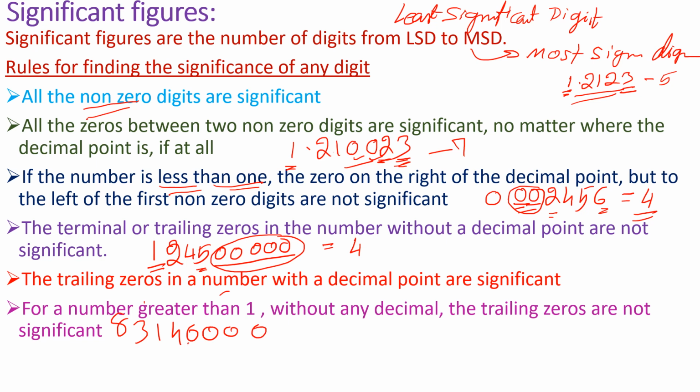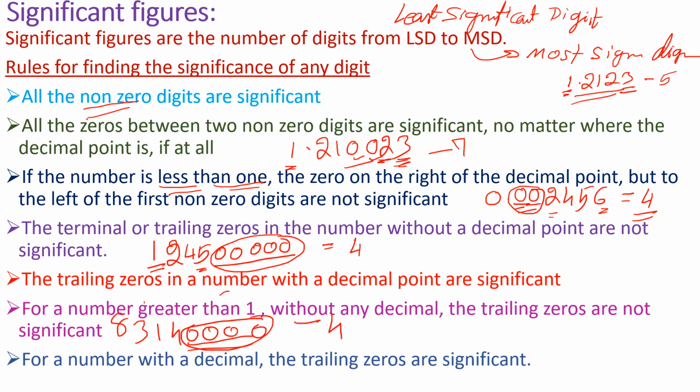Now these are all trailing zeros but without a decimal point. It has no decimal point. So all these zeros are not significant. So the number of significant figures is only 8314. 8 is the most significant and 4 is the least significant. So the number of significant figures is 4 in this case.